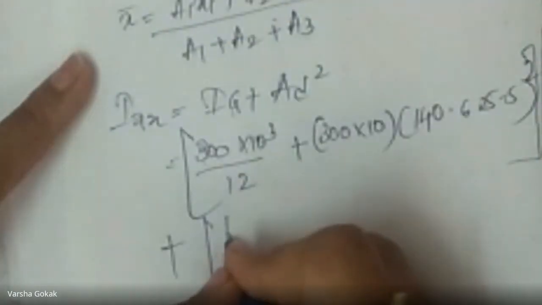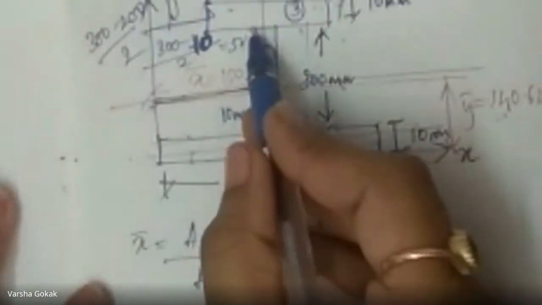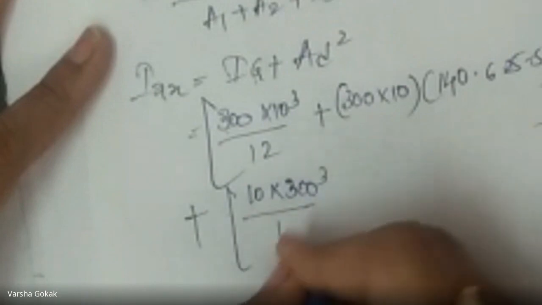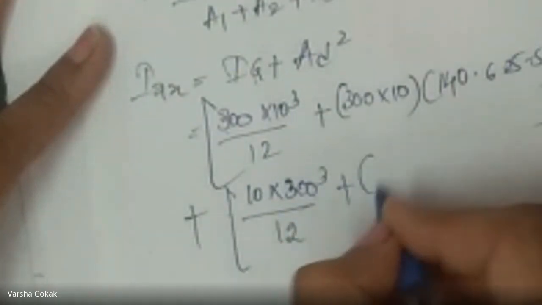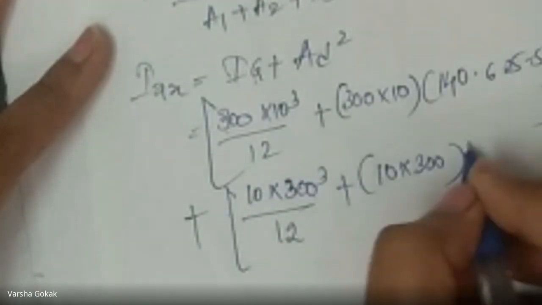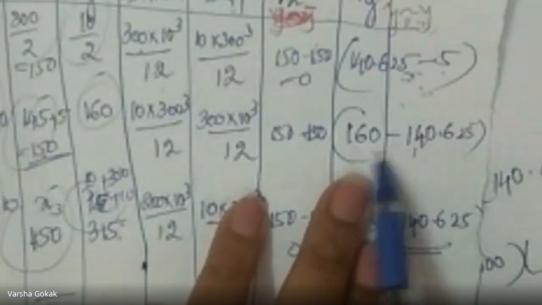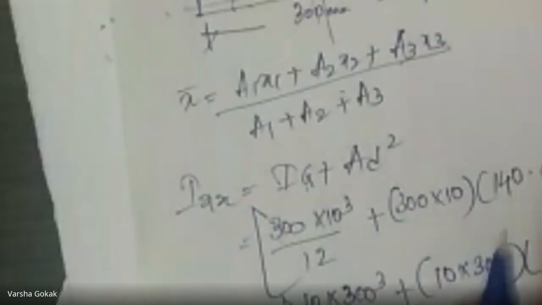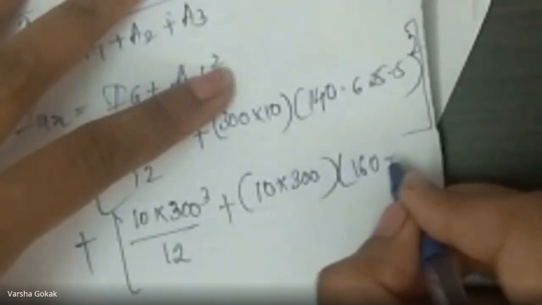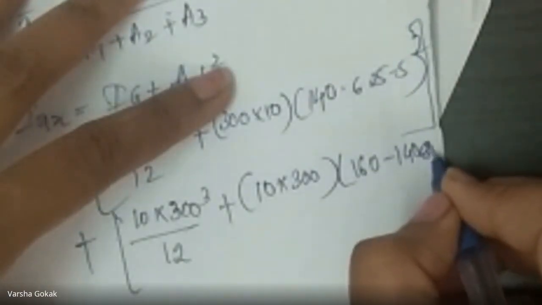Similarly, next I'll go to this one. There B is 10 into 300 cube by 12, that is 10 into 300 cube by 12, plus area 10 into 300. For CG, its Ry was 160 minus 140.625. So it is 160 minus 140.625 the whole square.